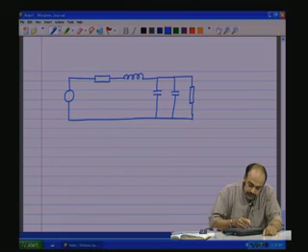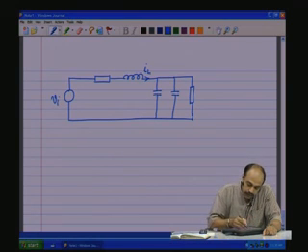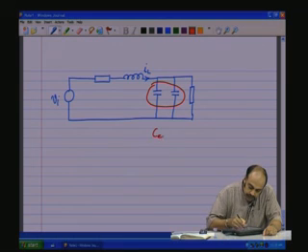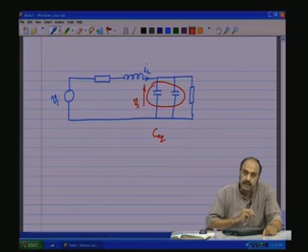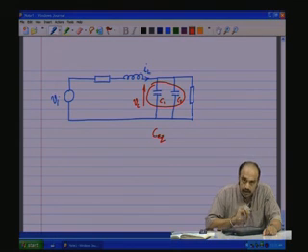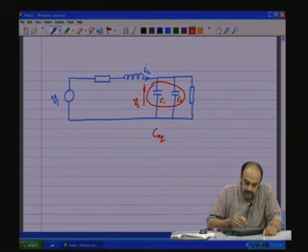I have a state variable IL here, and we have Vi. Now, either we combine C1 and C2 into a C equivalent with one common state variable Vc, or associate Vc with either C1 or C2, any one of them. So, there will be only two state variables, a Vc and an IL.